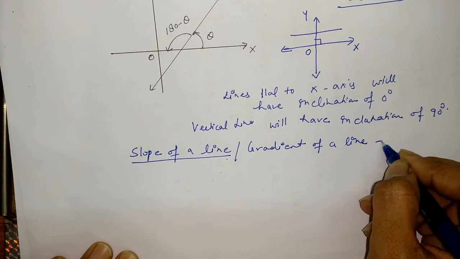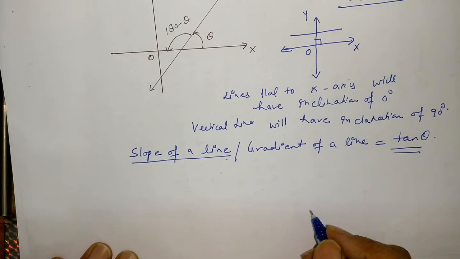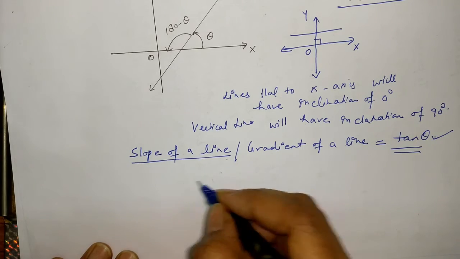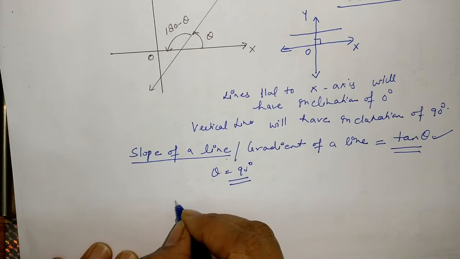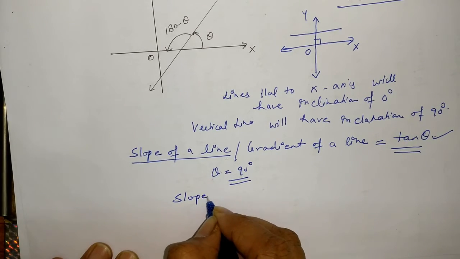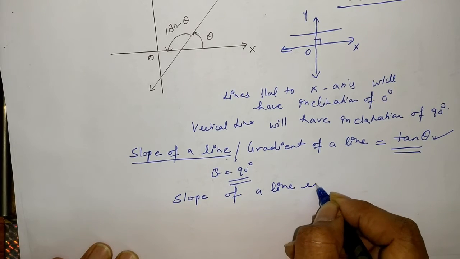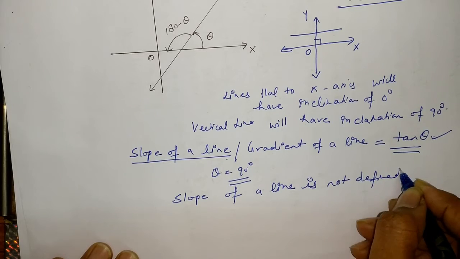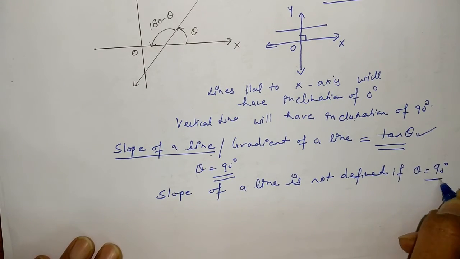This is equal to tan theta. If the inclination is 90 degree, then the slope of that line is not defined. Slope of a line is not defined if theta is 90 degree.